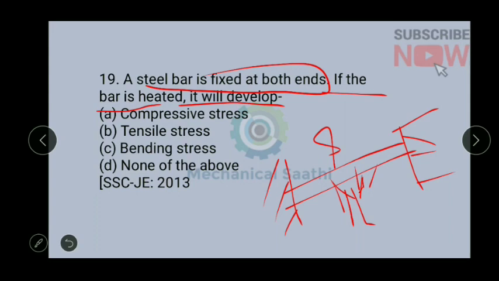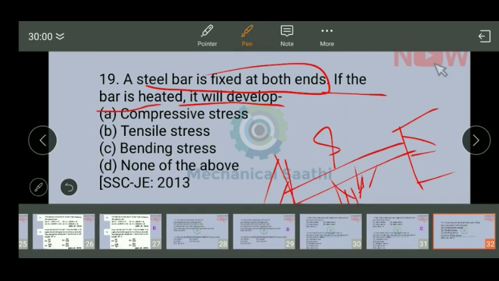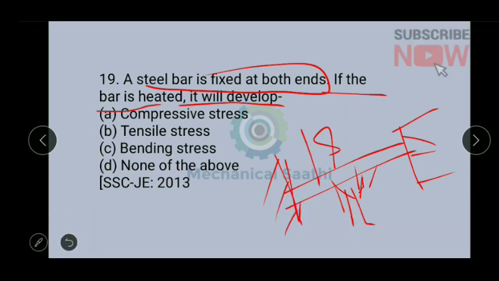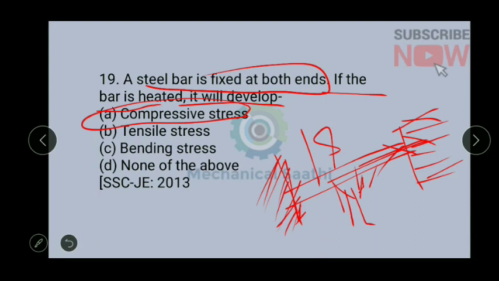It will try to expand, but as the material is fixed, it can't expand. The fixing element resists it, so a compressive stress will be developed inside that material. So here option A will be the correct answer.